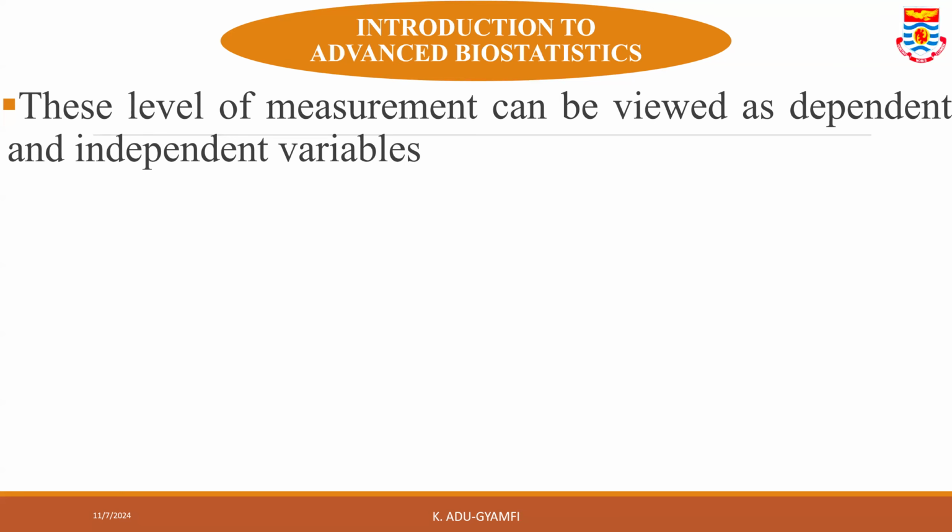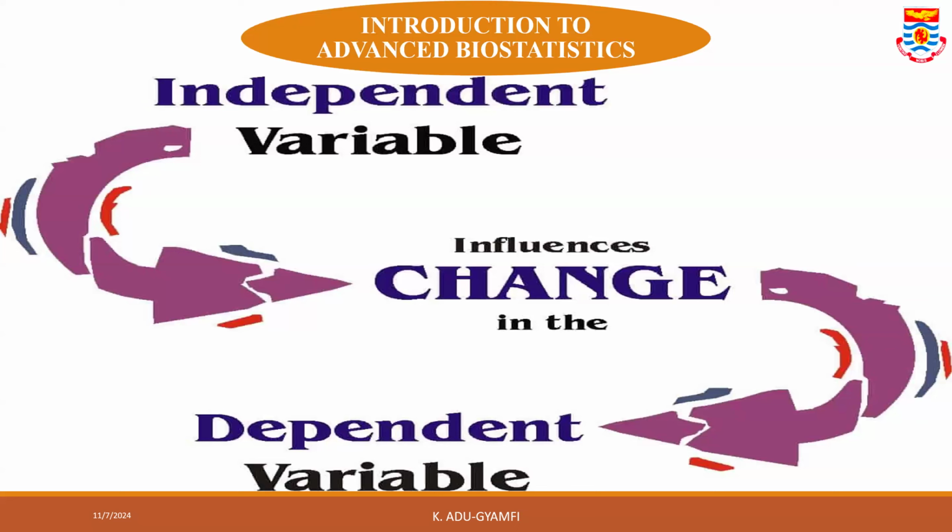The independent is manipulated, and then we see the effect of it. So I have this flow, a flow chart, something like that. For that, I have my independent variable, administration of a certain vaccine, a new drug, and I want to see its effect.